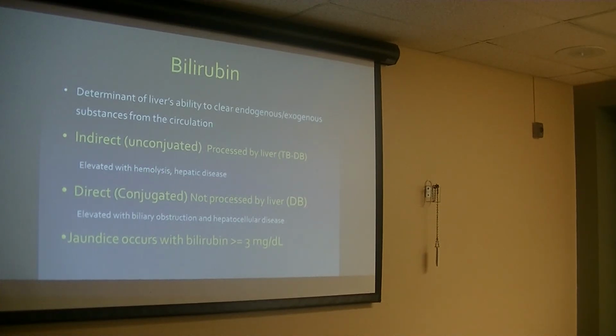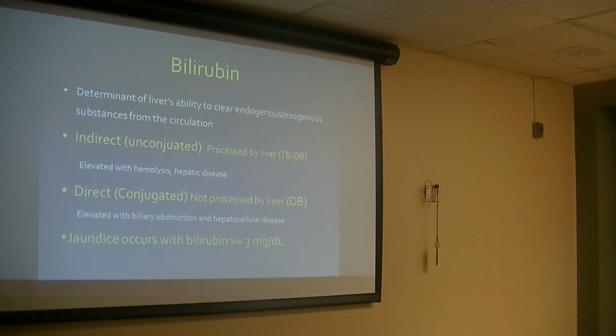Yeah, sorry about that. And then direct or conjugated, because it's been hydrolyzed by the liver so that it can be excreted. Sorry for the incorrect slide there. It's elevated clearly with biliary obstruction and even hepatocellular disease, right? Because you damage the hepatocytes, they swell up, and then you get compression of the bile ducts in the liver.